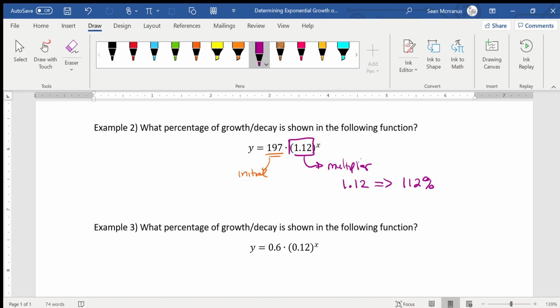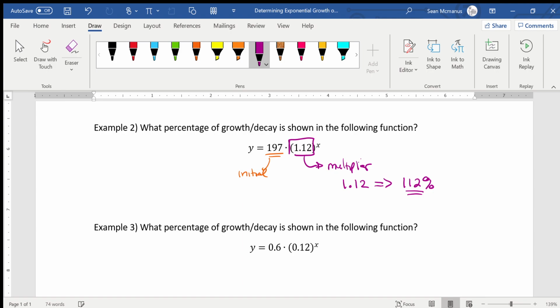So it asked me what percentage of growth or decay is shown in the function. Well, if I start off a situation, I'm always going to start with 100%. I have 100% of my money, my car is worth 100% of what I paid for it, whatever the situation is. 100% of the people we're trying to treat for coronavirus have the disease. We're always starting with 100%, and then we're going to look at our multiplier and see what happened.